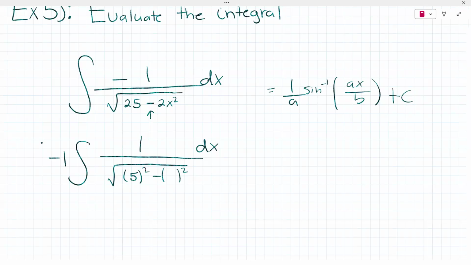Okay, this one, careful. What number squared gives you 2? I think that's going to be radical 2, because radical 2 squared gives you 2. So this is going to be radical 2 x. So remember, your a is not involved with x. Your a is the constant. So the a is radical 2, and your b is 5.